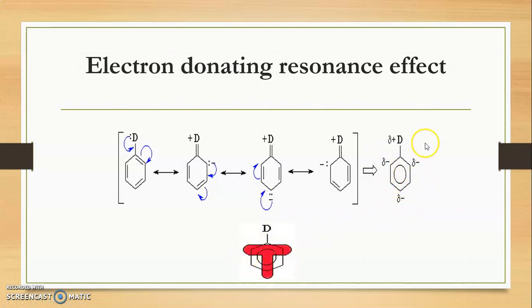For example, it can be easily represented by this diagram, a T, where T represents a negative charge placed on this benzene ring. This is the ortho position and this one is the para position.